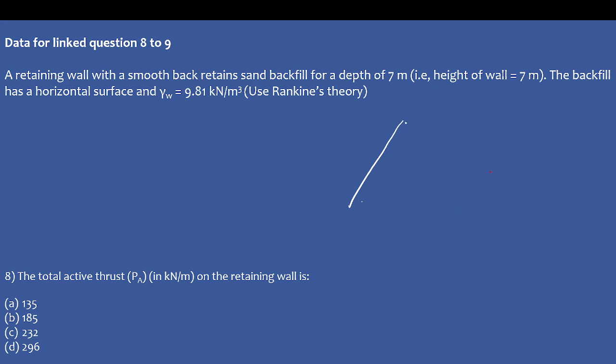So let's say you have a retaining wall with a sand backfill of 7 meter depth. The height of the wall is 7 meter. It's a gravity wall.